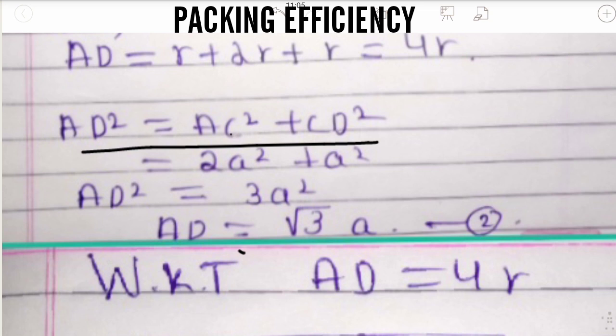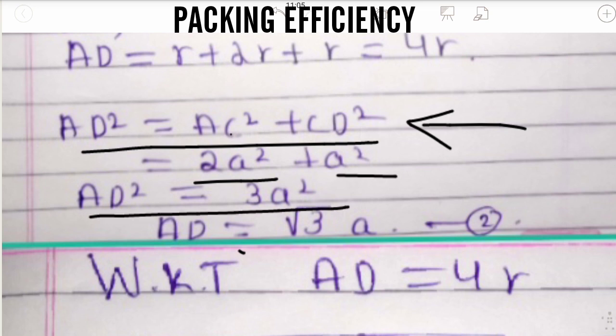We have already found the value of AC square in triangle ABC by applying the Pythagoras theorem, that is 2a square. CD is the side which is edge length, so a square. AD square is equal to 3a square. AD is equal to root 3 a.